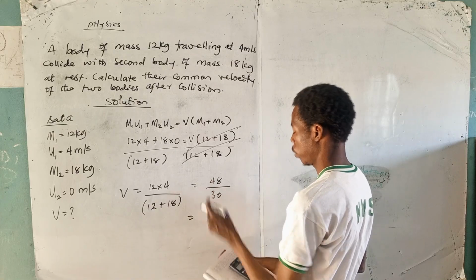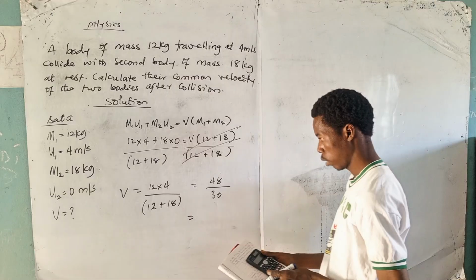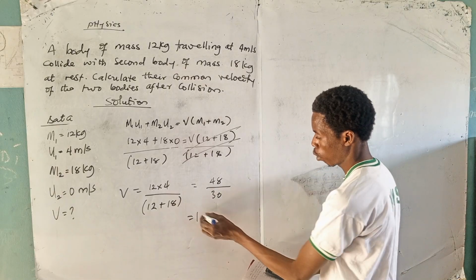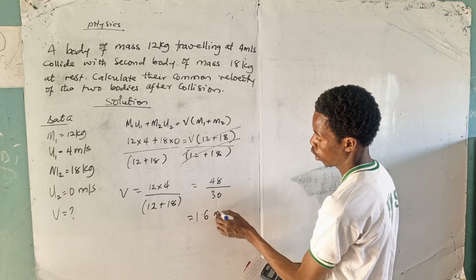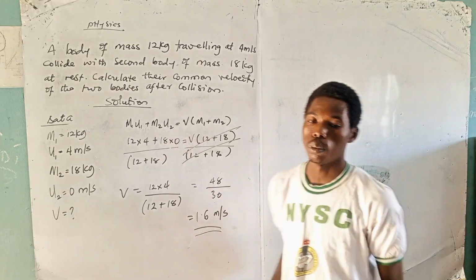And if you say 48 divided by 30, you will get 1.6 meter per second. So this is the common velocity of the two balls.